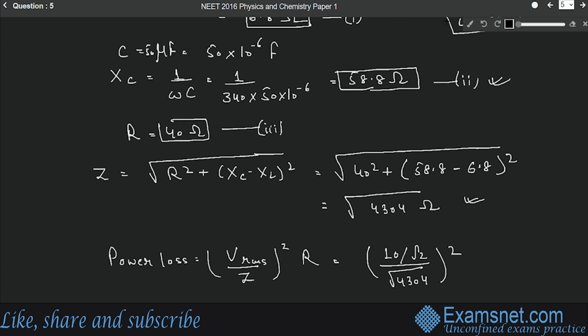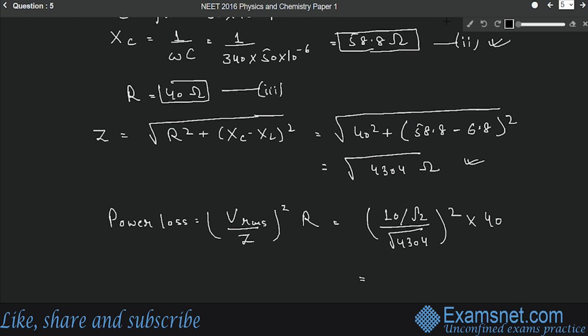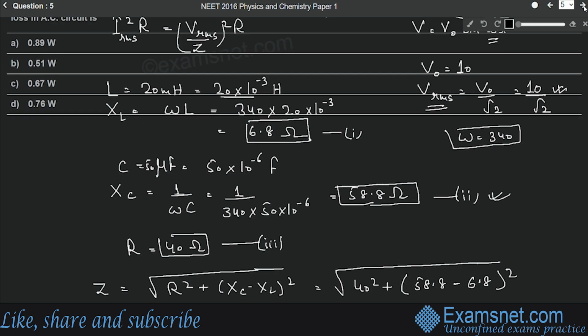So square of this, and resistance is given as 40 ohm. When you solve this, you'll get the value 0.51 watt approximately. So let's see which should be the correct answer. 0.51. Yes, option number B will be the correct answer.